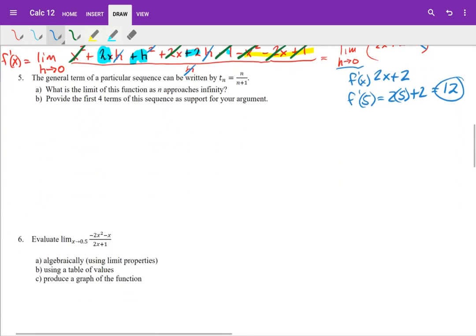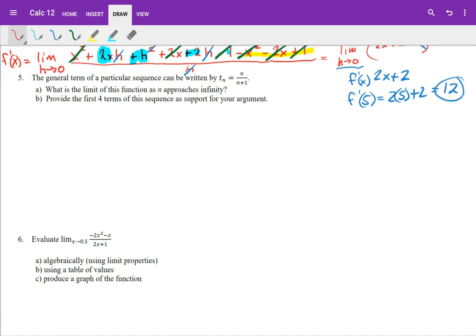Here we go. Moving on, we studied a little bit on sequences. So the general term of a particular sequence, here it is. Okay, what is the limit of this function as n approaches infinity?